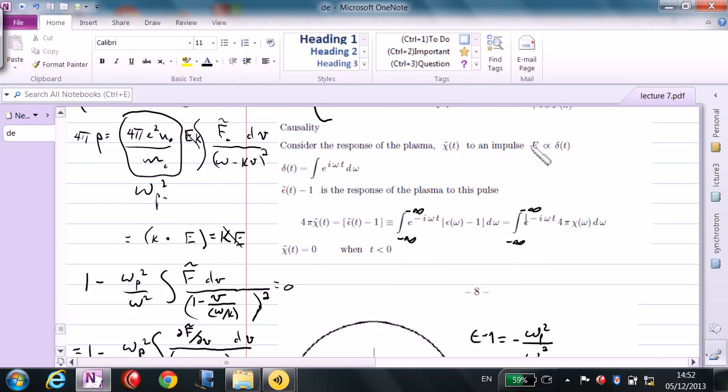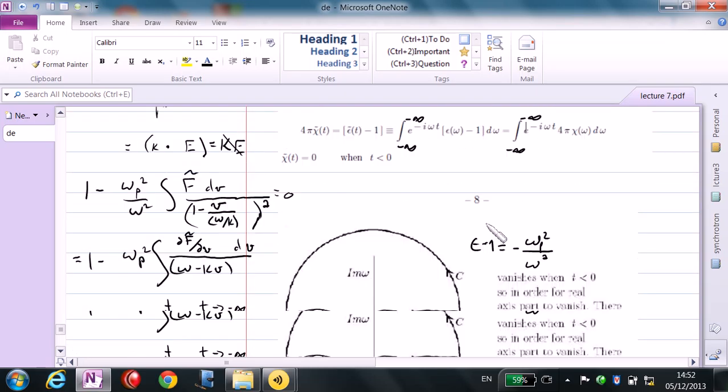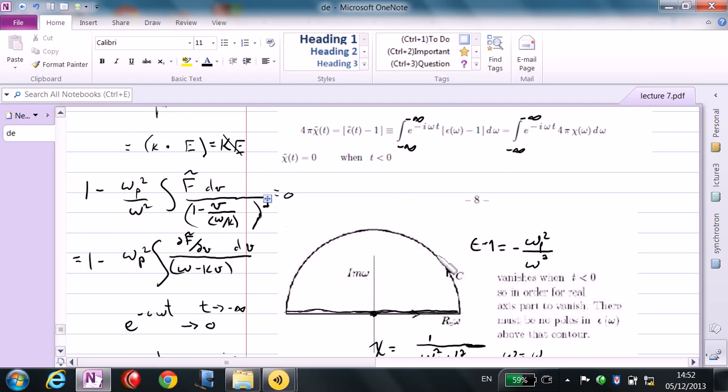I want to be sure that this contour, the semicircle, vanishes. Because I want this to vanish when t is negative, and it will vanish, as you say. It will always vanish. You can take any function and do it just like that, and it will vanish.